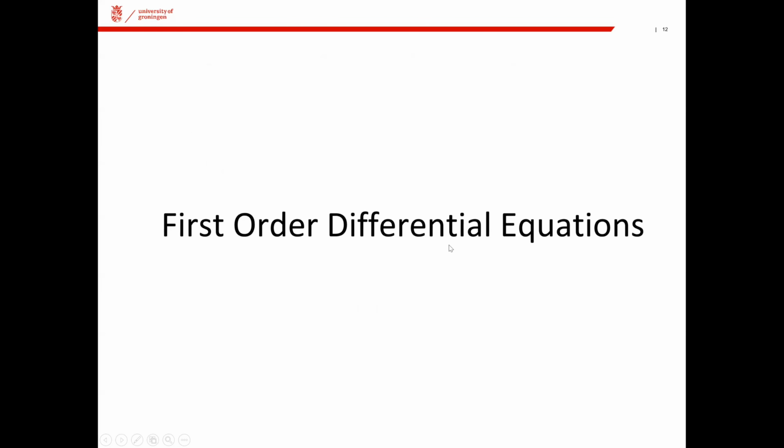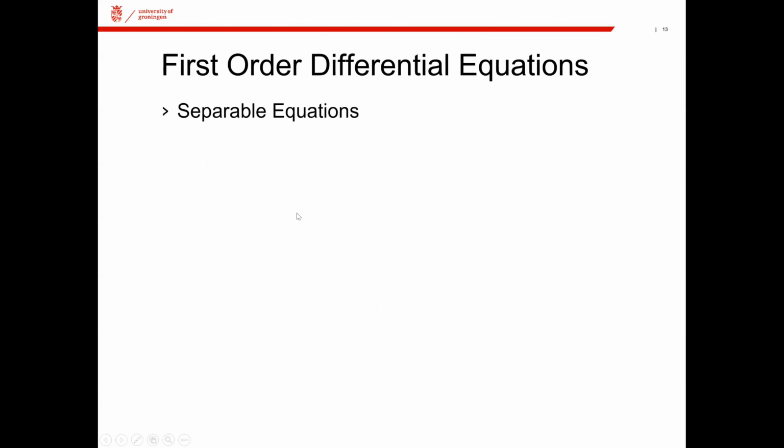Okay, then the second part of this course, the first order differential equations. The first type is the separable equations. Any differential equation that looks like this form is considered a separable equation. On the left side, N(y) is a function of y, and dy divided by dx is y prime, the derivative of y with respect to x.